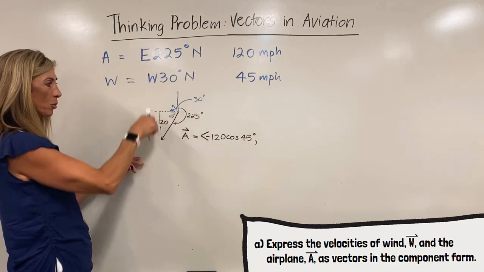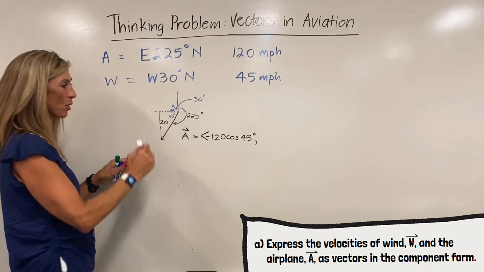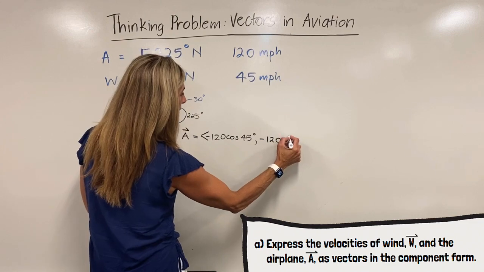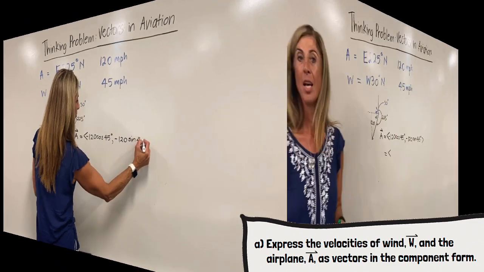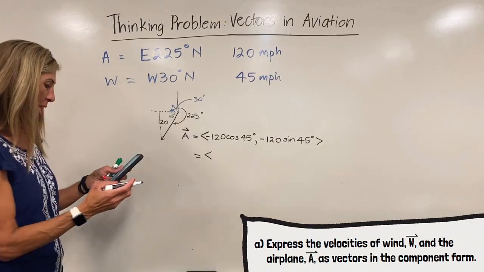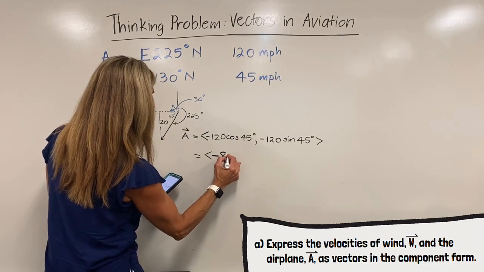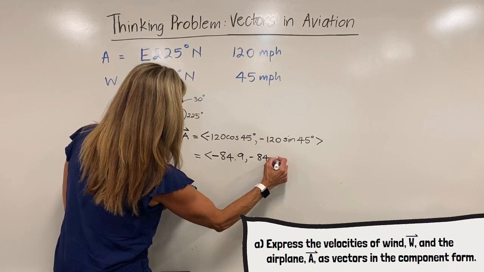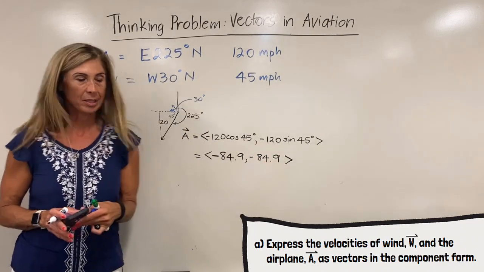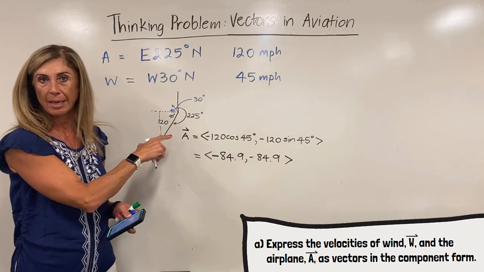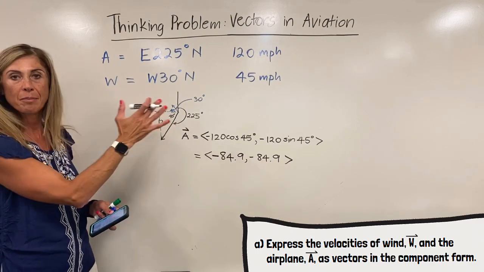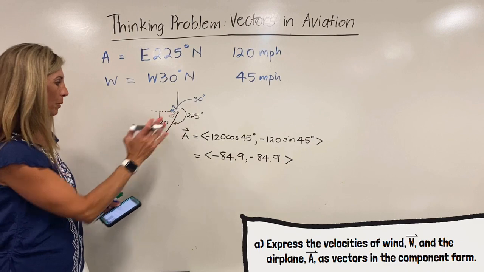And our vertical measurement, again, is in the negative direction, so it'll be negative 120 sine of 45 degrees. That gives our plane vector as negative 84.9, negative 84.9. We know we've done this correctly because the values should be the same. Remember, our 45-45 triangle has the same cosine measurement as sine. So that is our plane vector.